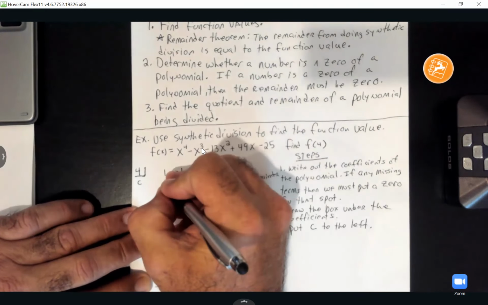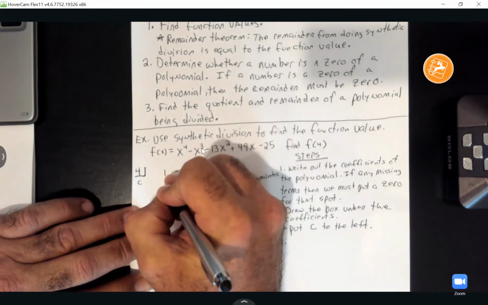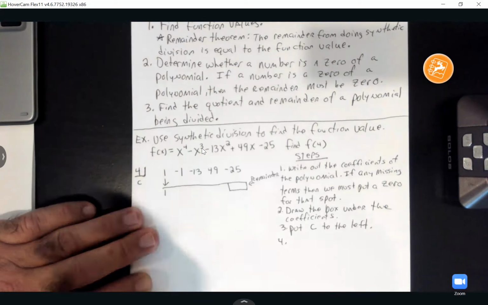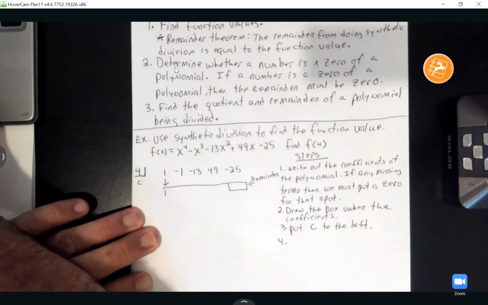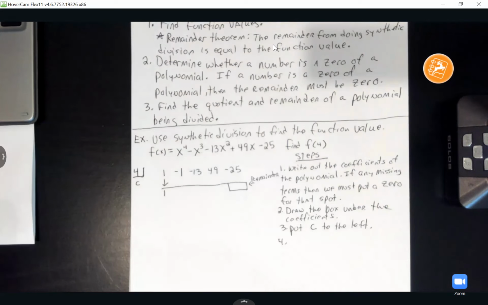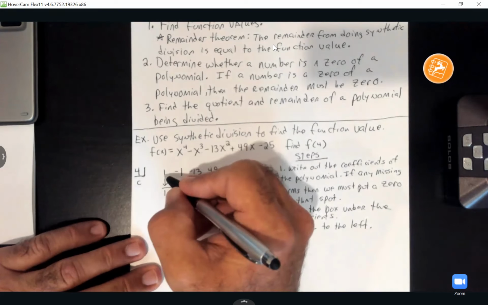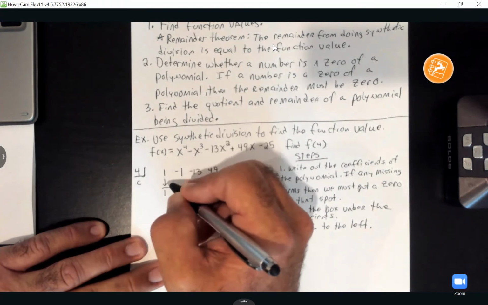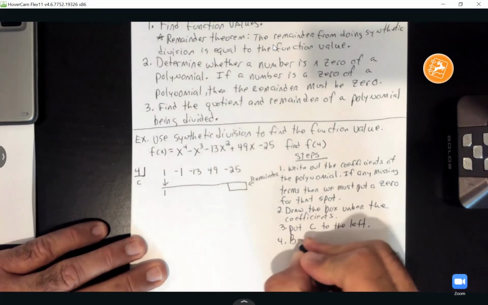So the first thing you're going to do, the first number automatically we bring down below the line. No matter what that first number is, it's automatically going to come all the way below that line. So bring the first number down.